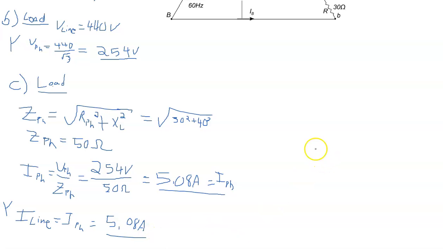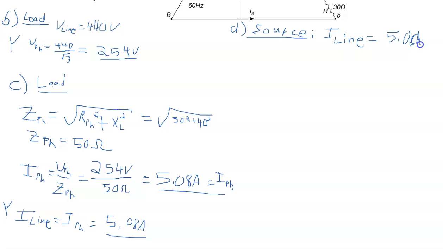Part D now, and so I'm going to move up here. Part D now asks us to go back to the source. And so remember now that your procedure now is to consider that for both the source and the load, the line quantities are equal. So our I line is 5.08 amps.